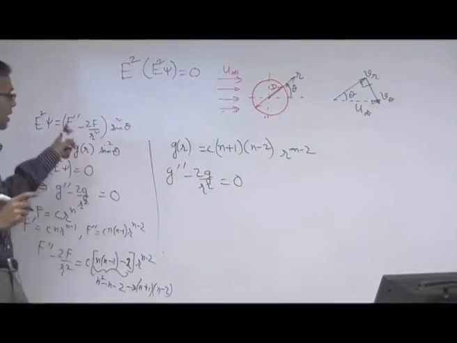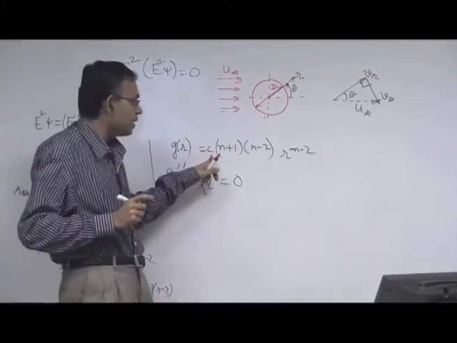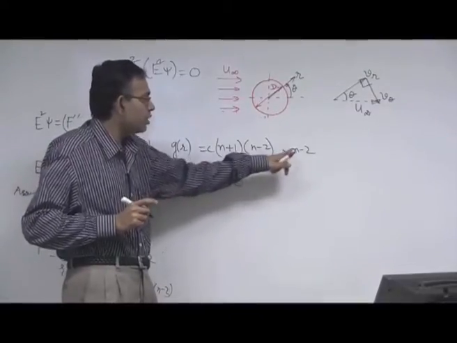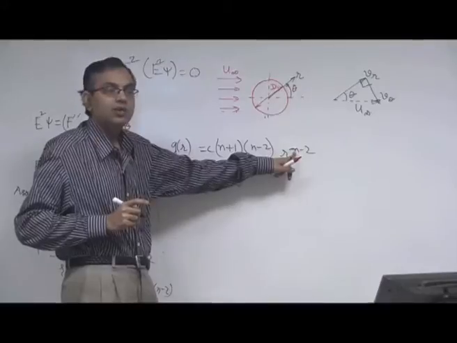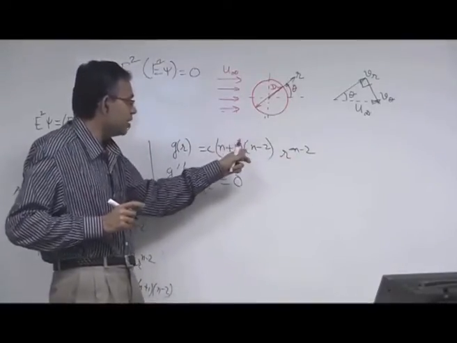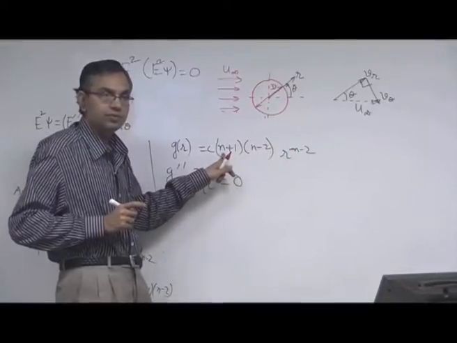See what is the difference between the form of the f and g. Now C is replaced by C into n plus 1 into n minus 2 and r to the power n is replaced by r to the power n minus 2. So, the same thing will come, another 2 terms with n replaced by n minus 2, right.